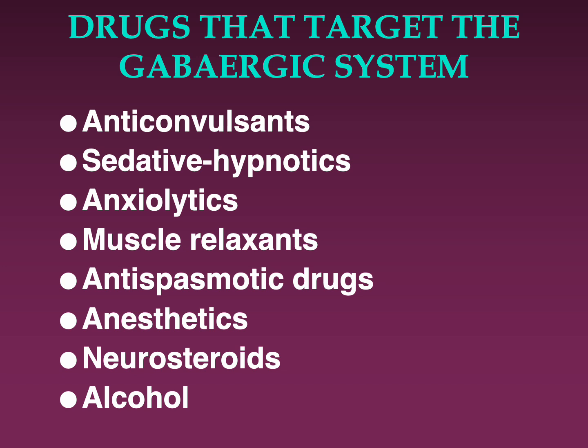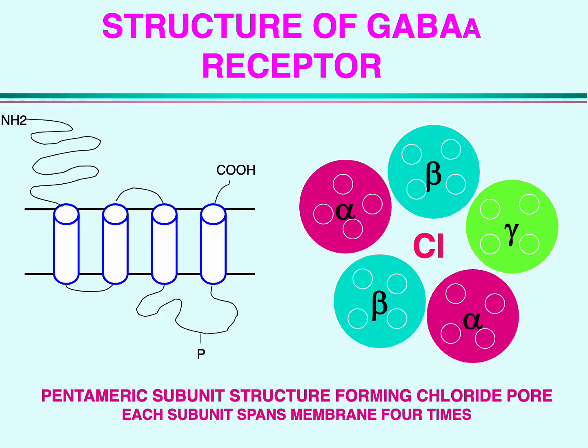So looking at the structure of this, the GABA A receptor is made of 5 subunits, pentameric. Each subunit spans the membrane 4 times.